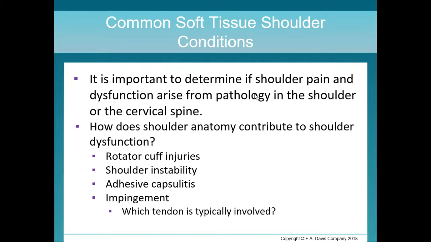Stage 3 is the frozen stage, where the shoulder is significantly stiff but with less discomfort. Stage 4 is the thawing stage, where the stiffness remains, but the joint may be stretched with the least amount of discomfort.